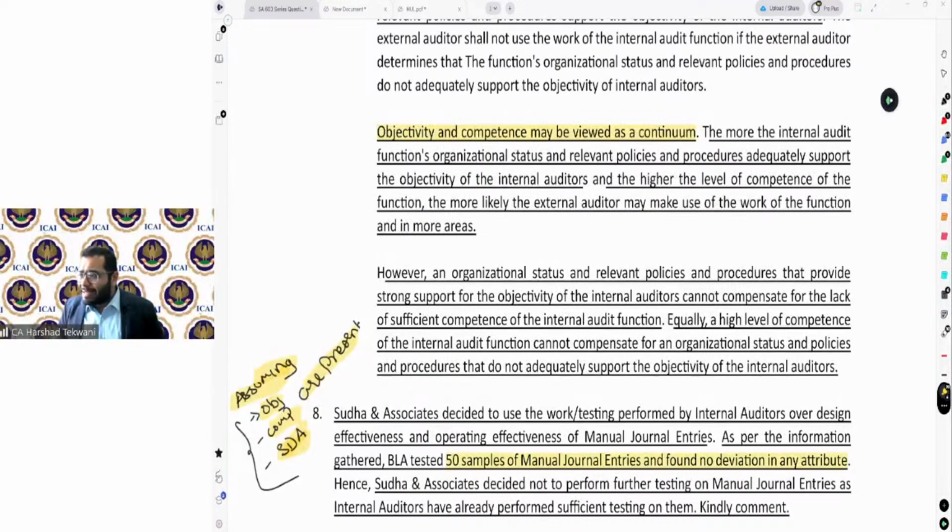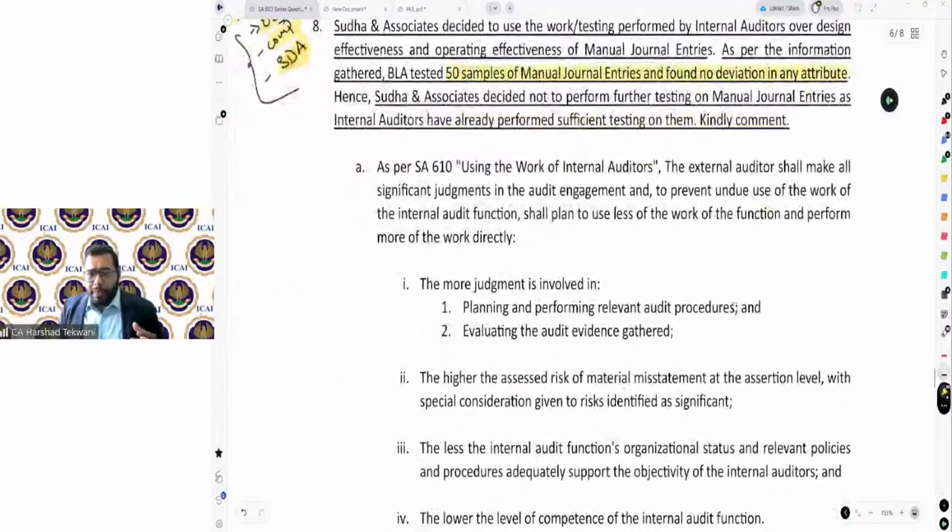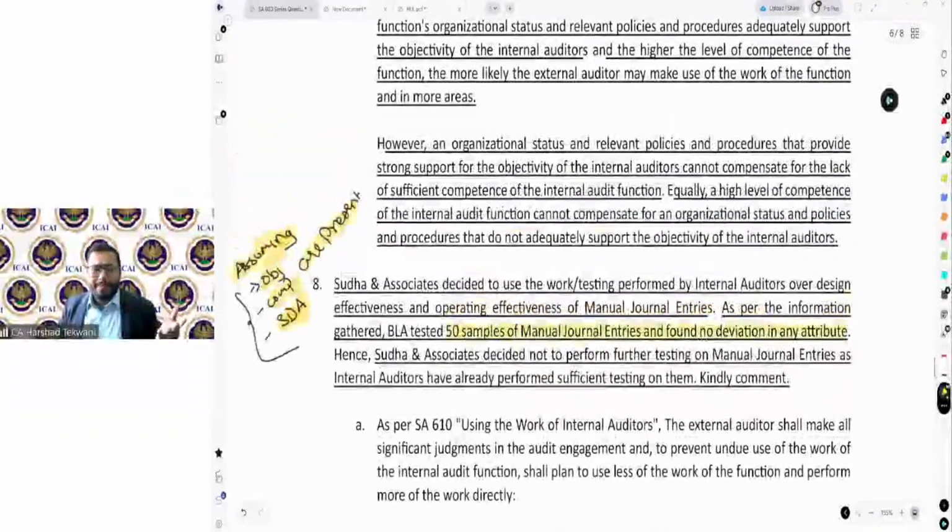Okay, you need to consider the balance between the work performed by the internal auditor, reliance on that, and the work that you need to perform, testing directly. Okay, let's see the answer. Now, why will I say manual journal entry is a significant risk?